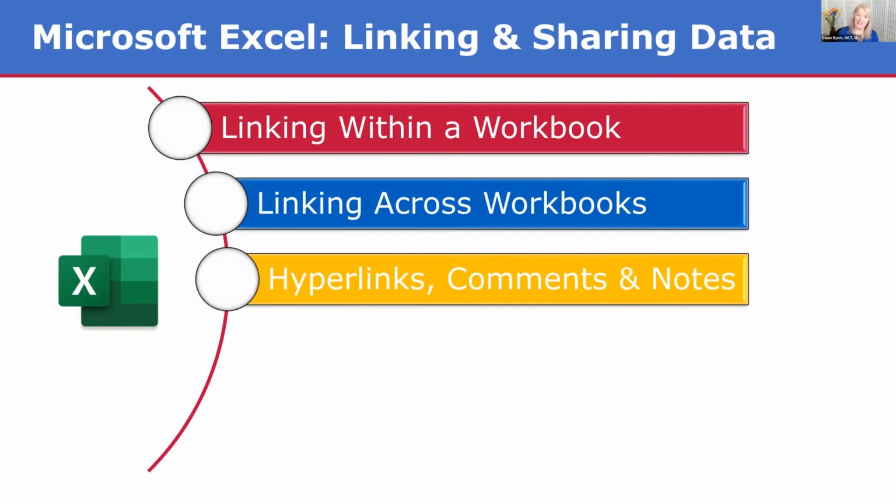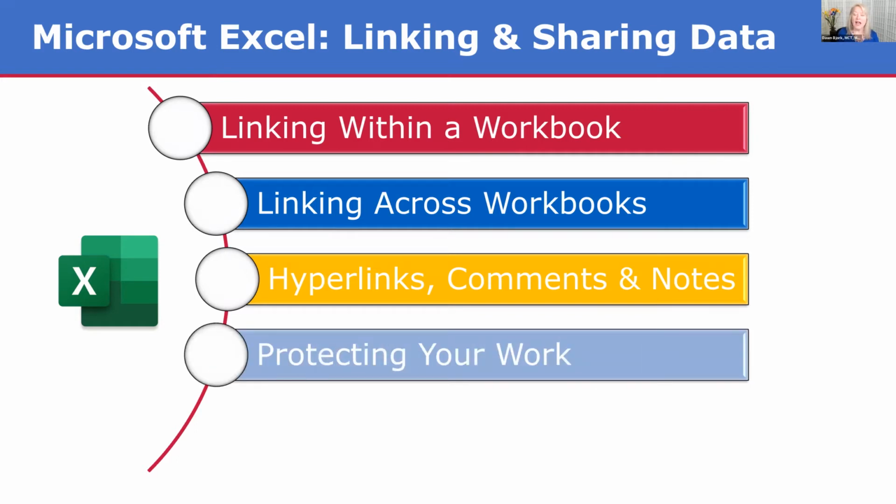Hyperlinks, comments, and notes. These are all ways that we are also sharing information or linking to other resources. How do we protect our work? That's another challenge that we can have when we're sharing data, that we may not want our team members to inadvertently change information that we've set up in a particular way.